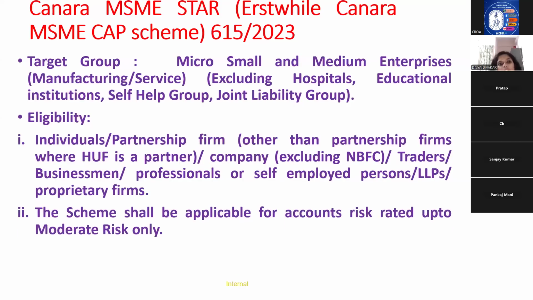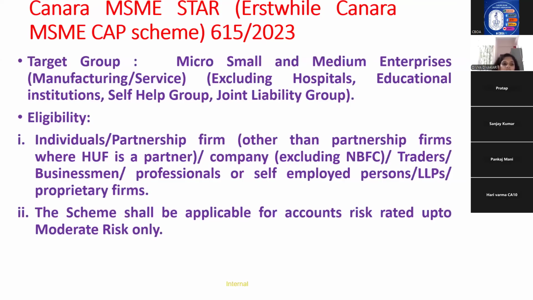Now we'll discuss one very important scheme, that is Canara MSME Star. This was the erstwhile Canara MSME CAP scheme. The target group here is micro, small, medium enterprises, both manufacturing and services, where hospitals, education institutions, self-help groups, and joint liability groups are excluded.